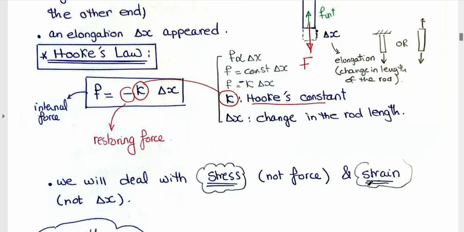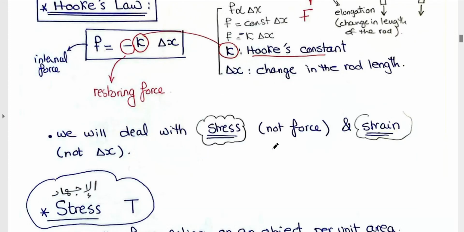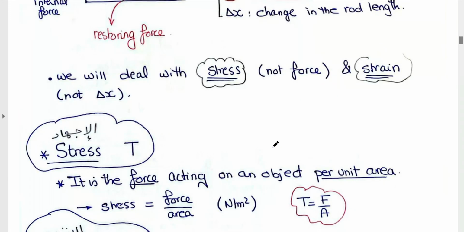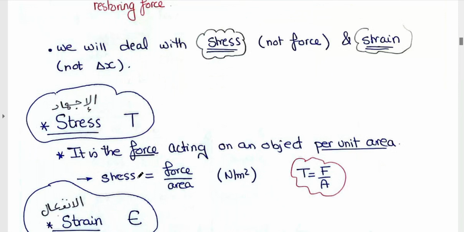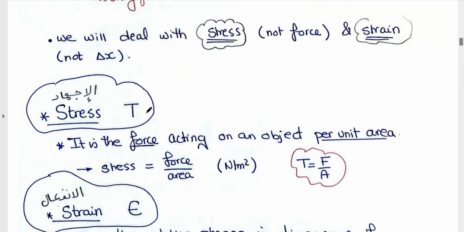So instead of studying force and change in length, we will study the stress and the strain. What is the stress? The stress is the force acting per unit area. The symbol of stress is T, and it is T equals F over A, force per unit area. The unit of stress is Newton per meter square, which is the unit of force divided by the unit of area.